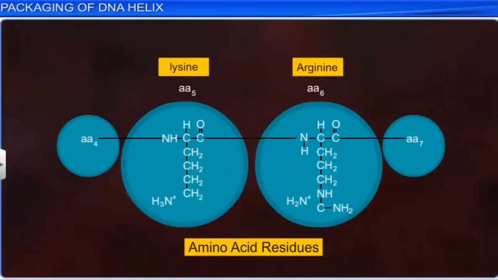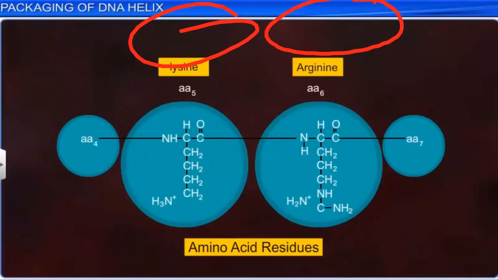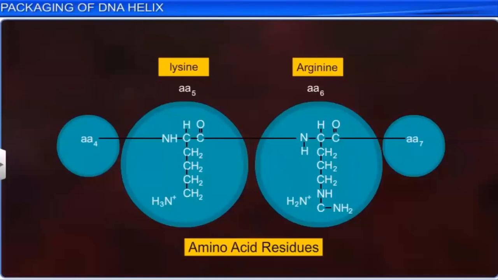As you can see here very clearly, they have mentioned the names of the amino acids, lysine and arginine. Proteins are positively charged depending upon this kind of amino acid present in them. Histones are proteins made up of amino acids, rich in basic residues like lysines and arginines, which carry positive charges in their side chains.